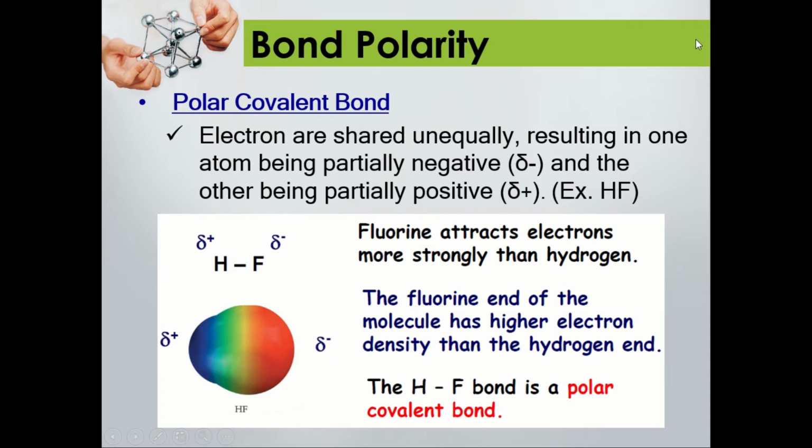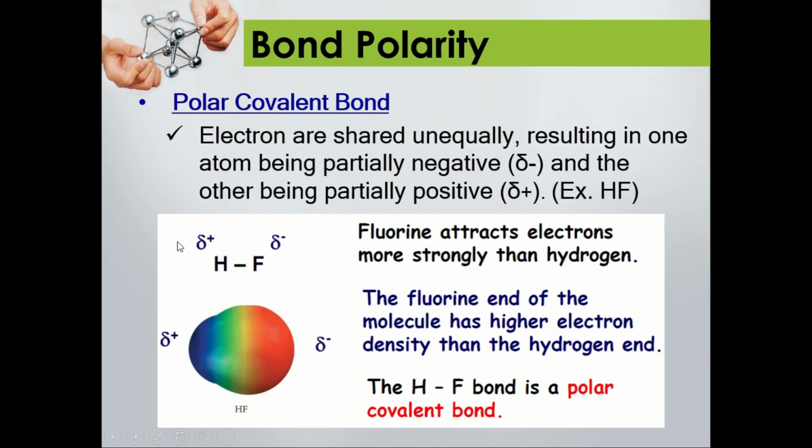The difference between nonpolar and polar covalent: for a polar covalent bond, the electrons are shared unequally, because of the electronegativity values. These two are different elements and they have different electronegativity values, which results in the partial charges.